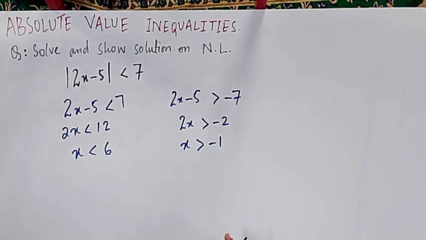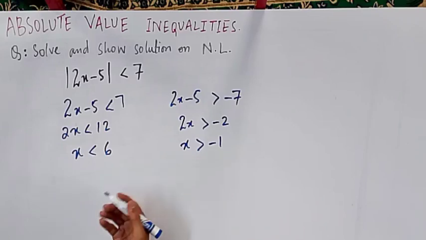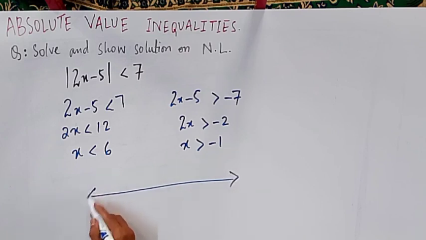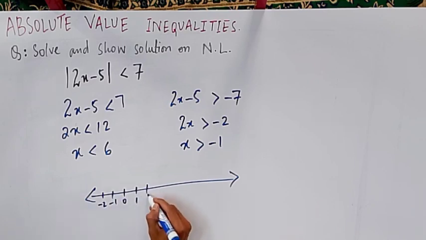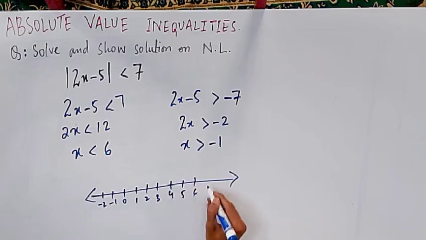So it will satisfy logically as well. It is coming x less than 6 and x greater than minus 1. You can show it on the number line as well. In the previous videos also we have seen how to show the solution on the number line. Here as well we can do it. Let me show you here.